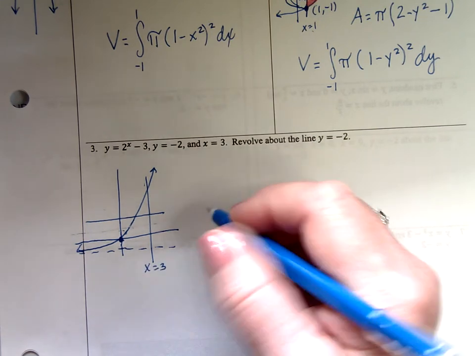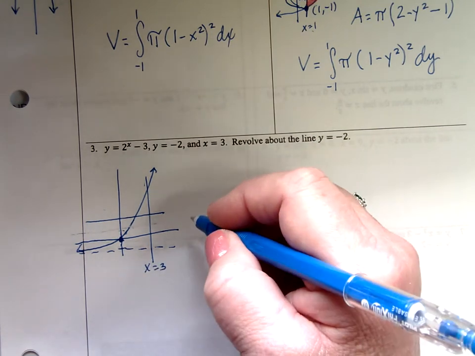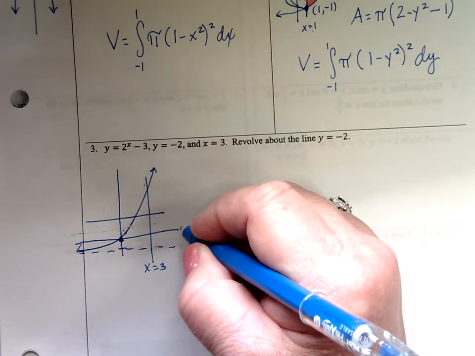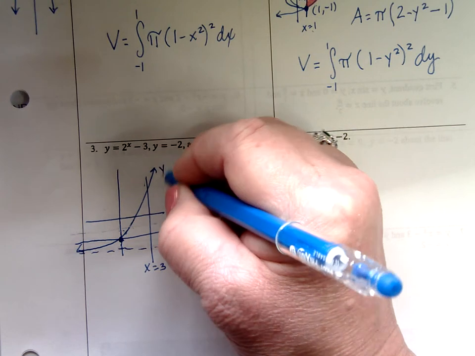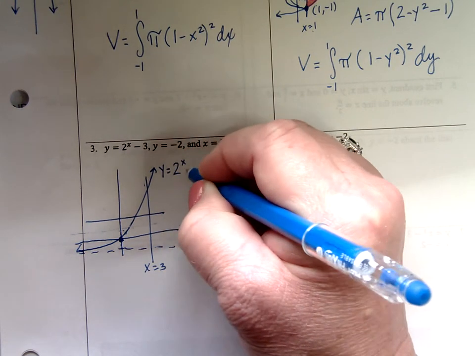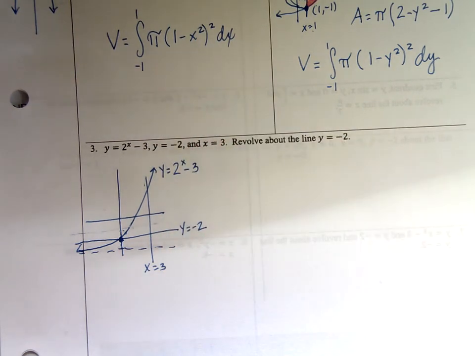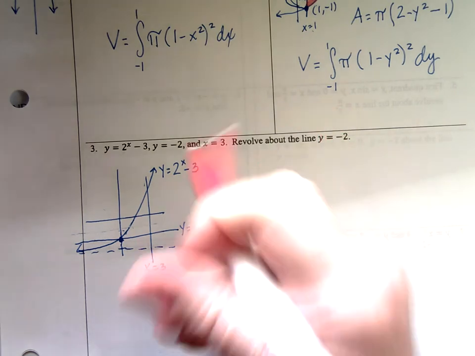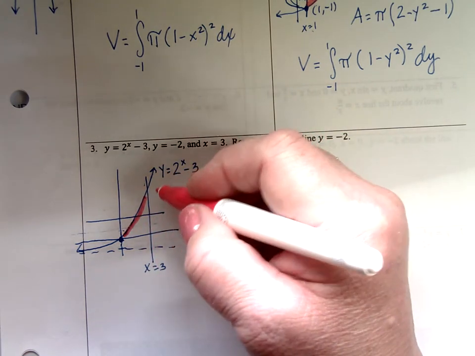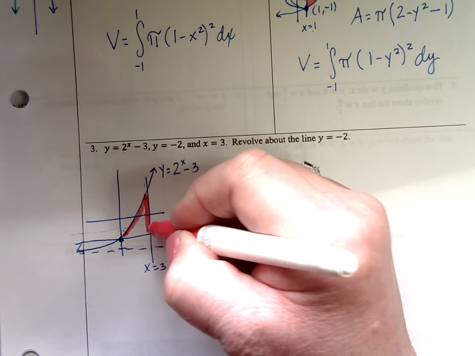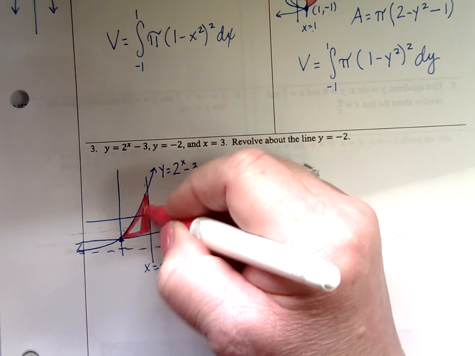This is y equals -2. And then I've got my function here that is y equals 2 to the x minus 3. So the part that's bounded by those 3 sections is this part right in here. So I color that in.